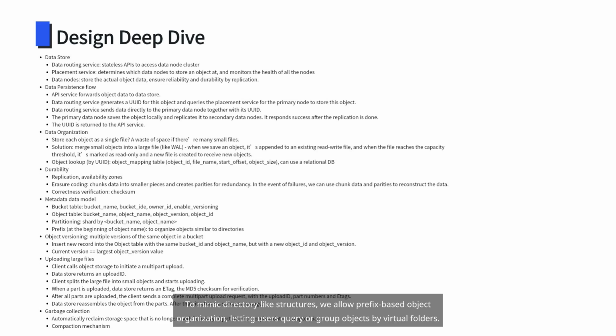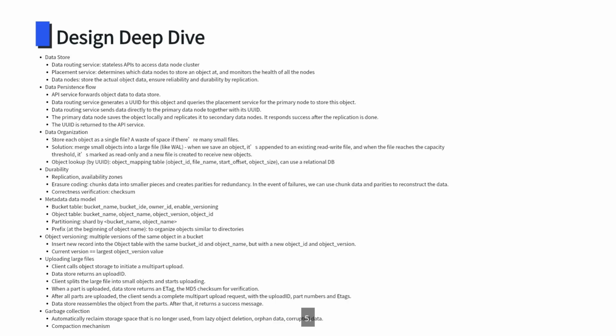To mimic directory-like structures, we allow prefix-based object organization, letting users query or group objects by virtual folders. Versioning is handled by inserting multiple records per object name, each with a new version and object ID. The current version is simply the one with the highest object version number.